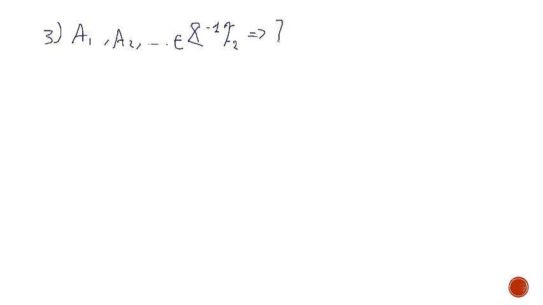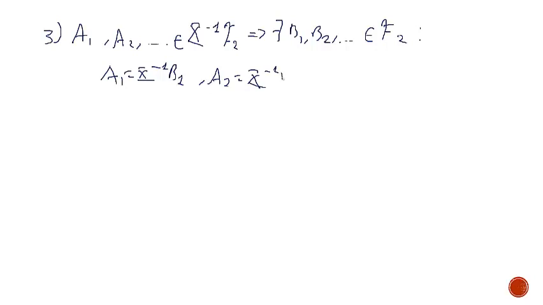Then there exist B1, B2, subsequently, in F2 such that A1 is a preimage of B1, A2 is a preimage of B2, subsequently. These are elements of F2.